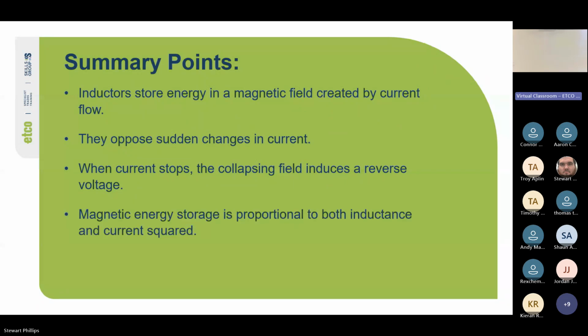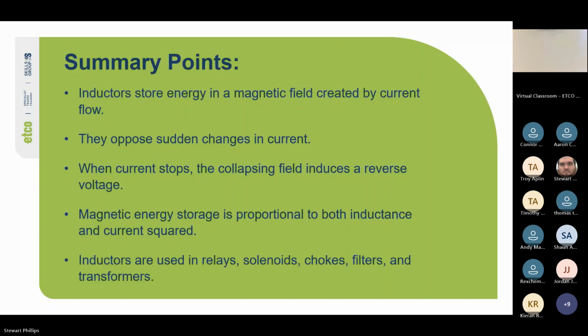The magnetic energy storage is proportional to both inductance and current squared. They're used in relays, solenoids, chokes, filters, and transformers. The amount of energy stored is proportional both to the inductance of the coil and the current squared.